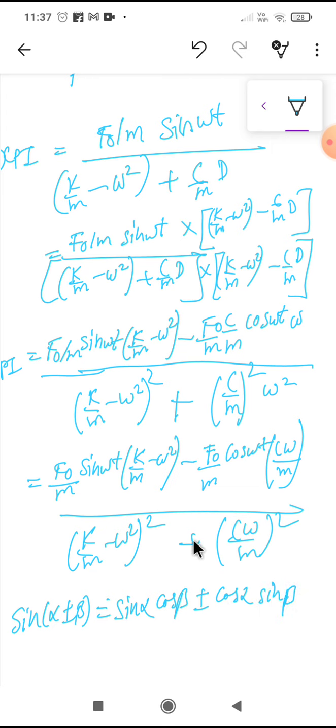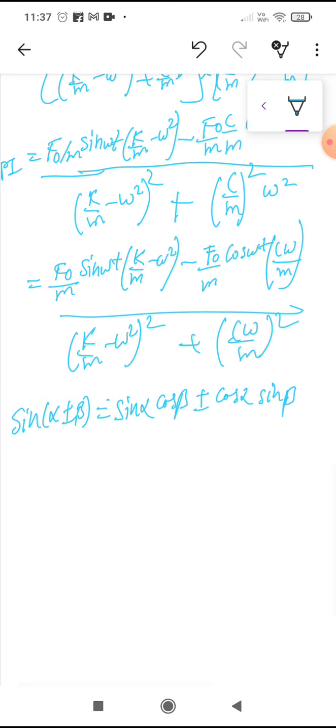So if I take f0 by m common outside, then we can convert this into the sine alpha plus beta formula.